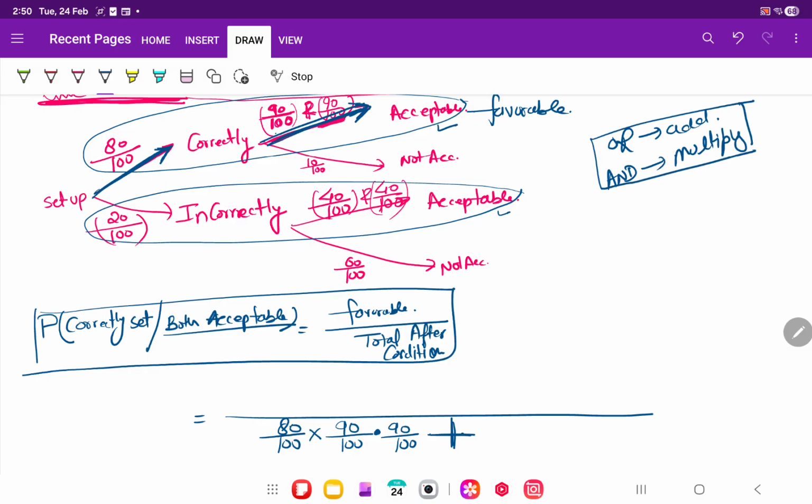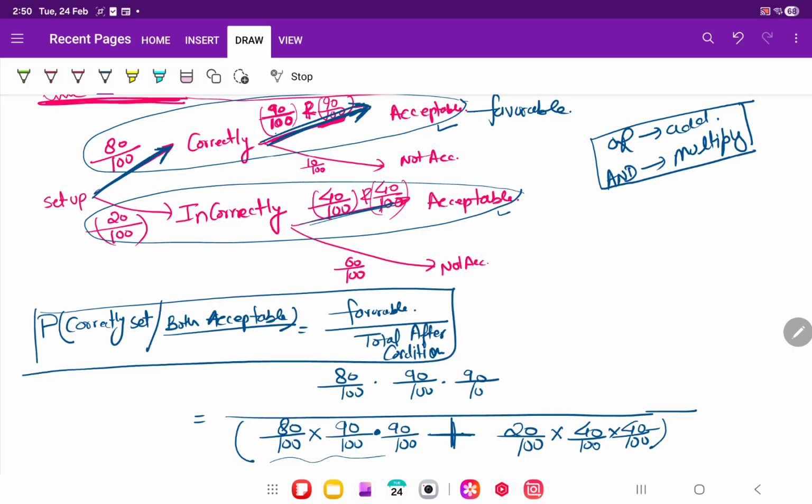If it is wrongly set up, 20% chances, and both are acceptable, so 40 by 100 for the first product and 40 by 100 for the second product. Out of these two, the first one is favorable. So 80 by 100 into 90 by 100, 90 by 100.